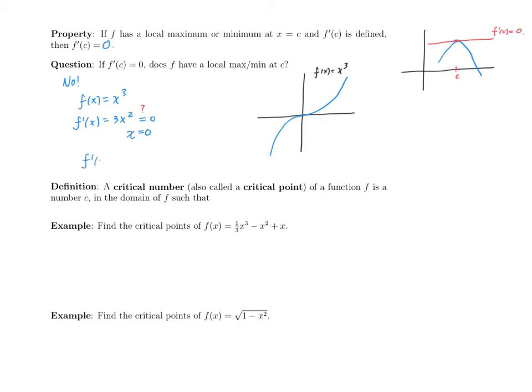So f prime of 0 is 0. But if we look at the graph, at 0, we do not have a local maximum or minimum, but the tangent line actually is horizontal there, whether my picture illustrates it or not. So x cubed provides us an example where the derivative is equal to 0 at 0, and x equals 0 is not a local max or min.